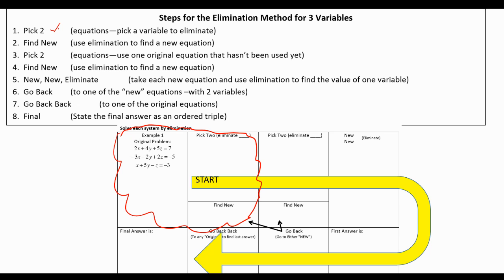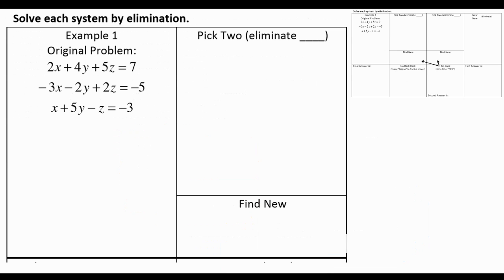It's pick 2, find new, pick 2, find new, new, eliminate, go back, back. If you can remember a song like that, it's helpful. And if I were in the classroom, I'd have my cheerleading green and gold pom-poms out.